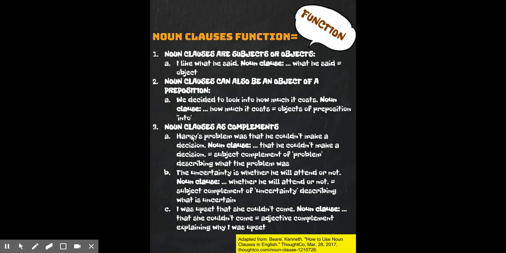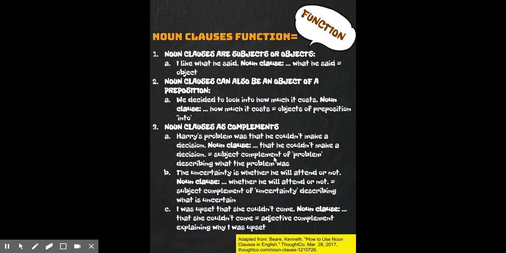Whose problem? Harry's. Was is our linking verb. Here's our subordinate conjunction that. So we have behind it a noun clause, and that whole thing is being used as a single unit as the object of the preposition.